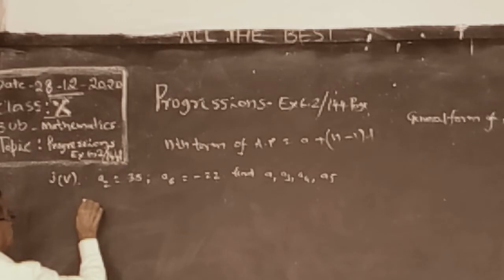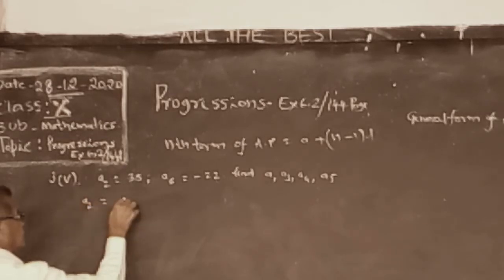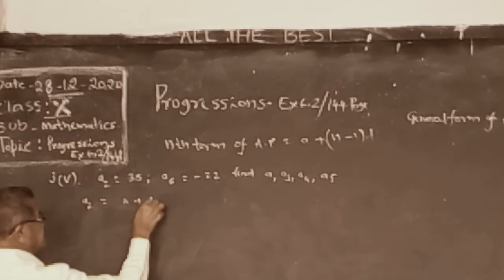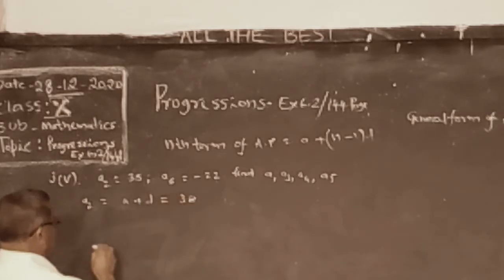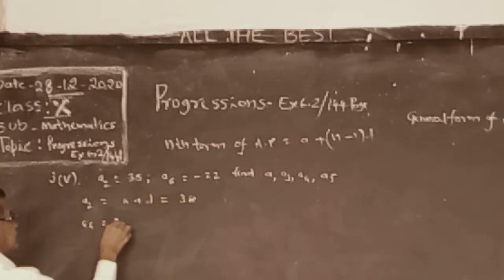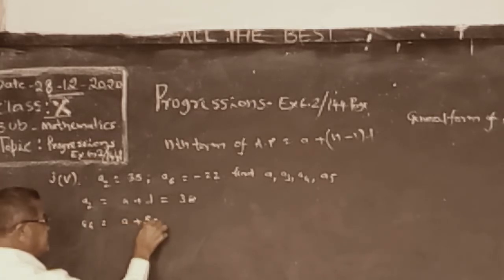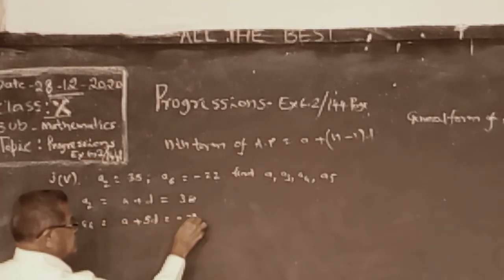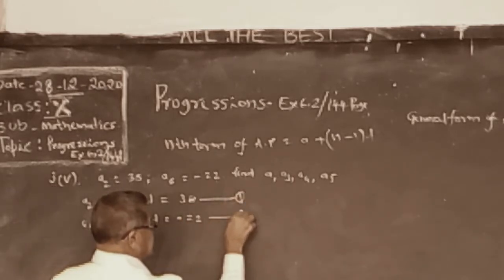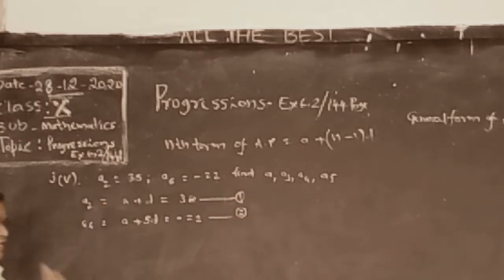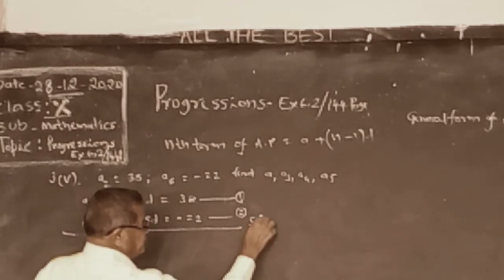Given A2 is equal to A plus D is equal to 38, and A6 is equal to A plus 5D is equal to -22. Say this is first equation, this is second equation. Solving 1 and 2.